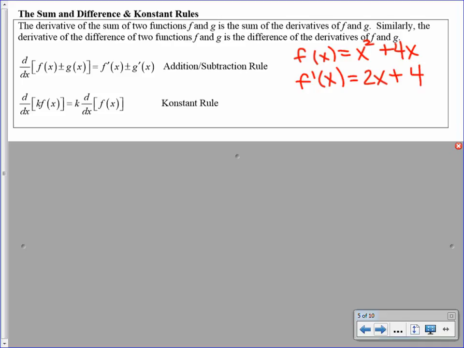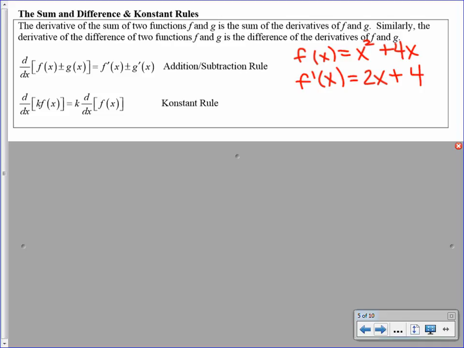And then the constant rule, if there is a constant, you can worry about it during the derivative or after the derivative. It doesn't matter. It's probably something that you want to take the derivative and multiply after, then you don't have to think about it while you're taking the derivative.